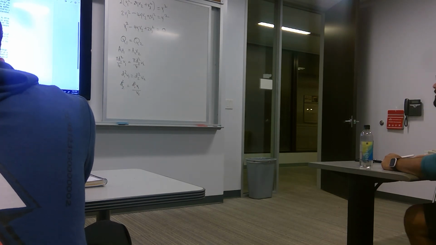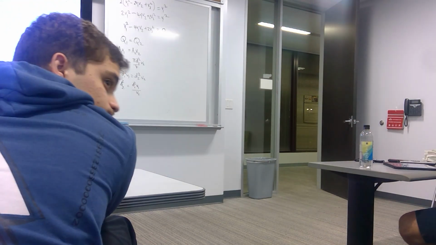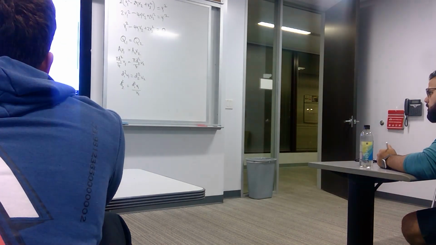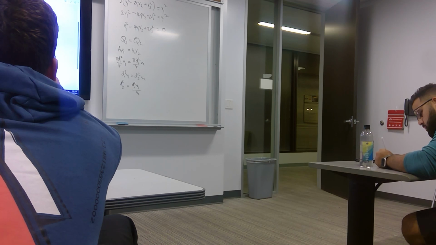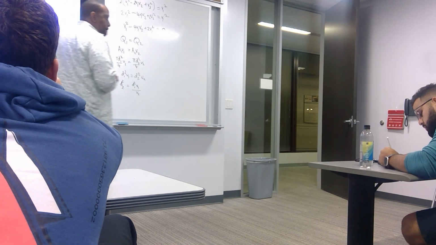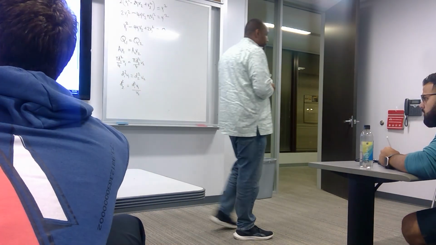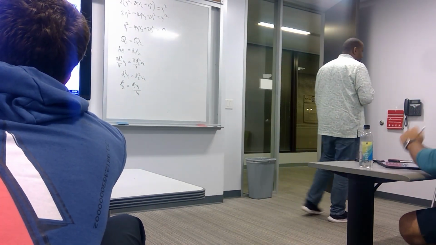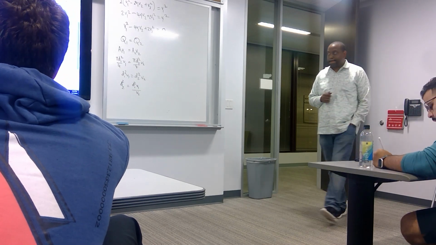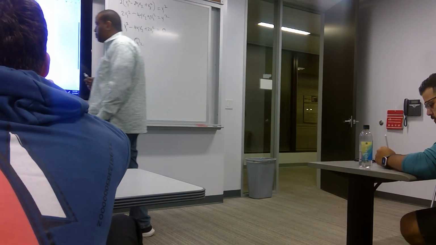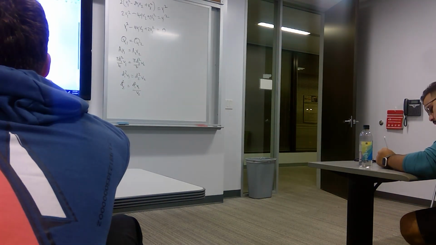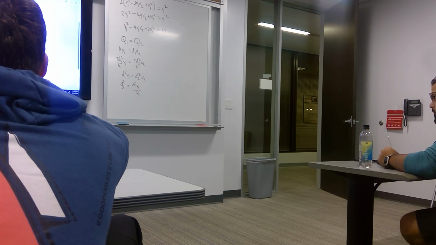Wait, we can find V1 just by returning. We have it, Q is different. No, the question was not the concept. I said we have V1, so we can solve.